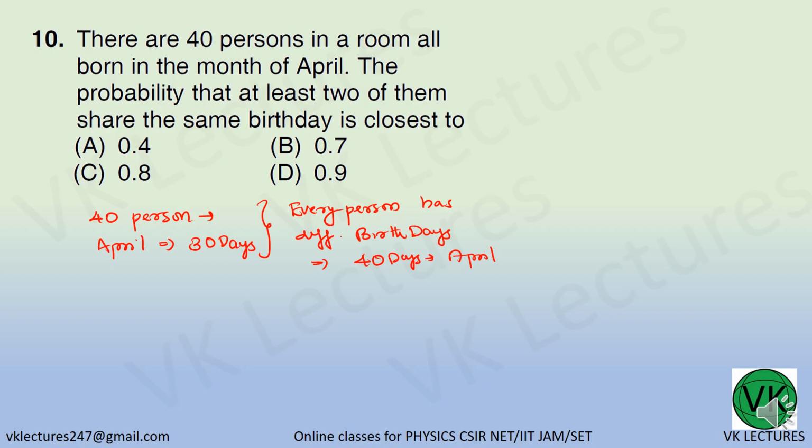Now since we do not have 40 days, that means there must be 40 days in April to have distinct birthdays. If it is less than 40, then at least 2 have to share the same birthday.